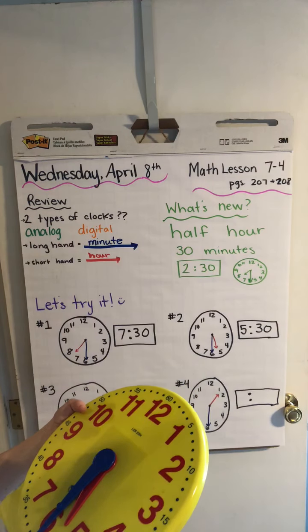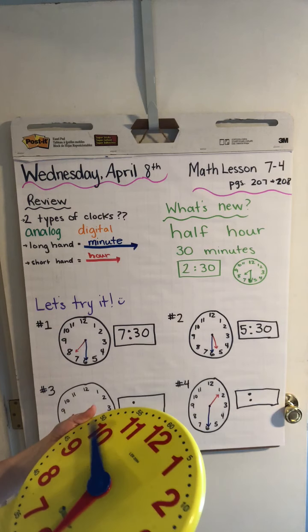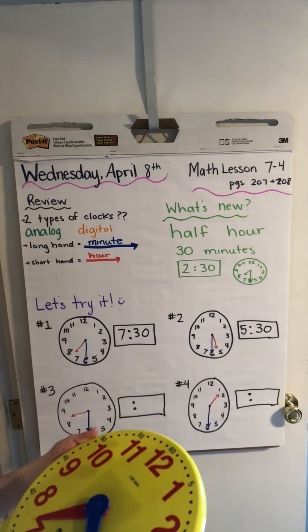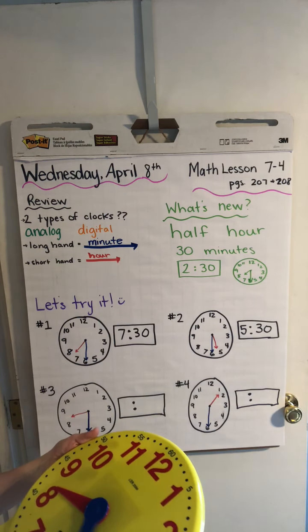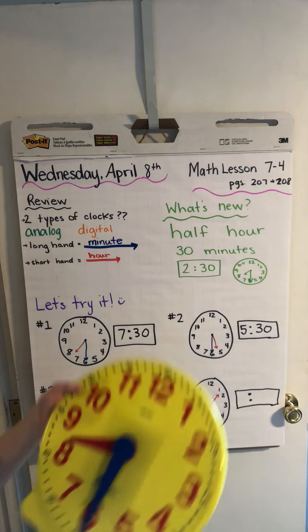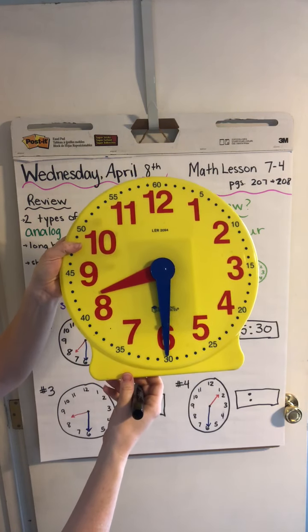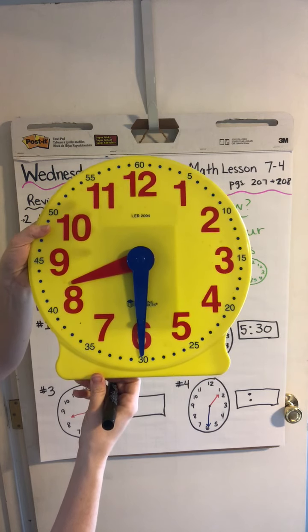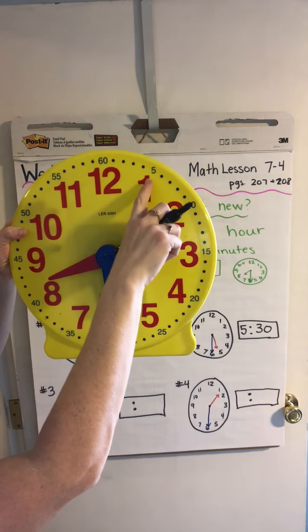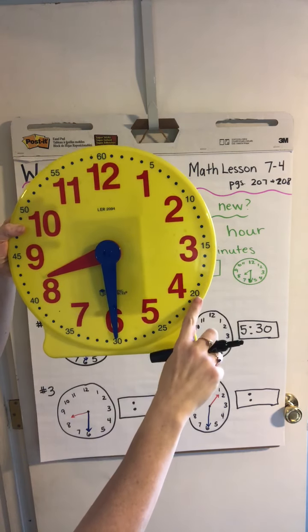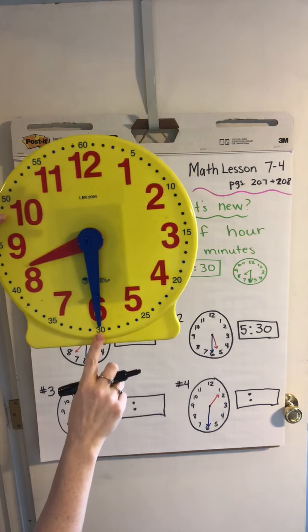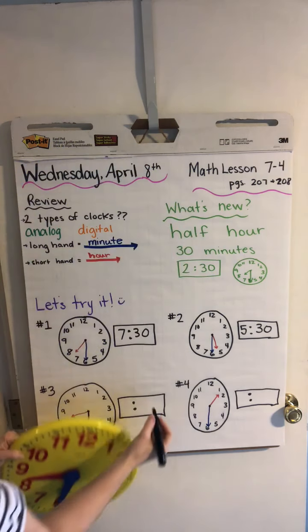All right, number 3. Here shows the hour hand between the 8 and the 9, and the minute hand on the 6. So it looks like this. Again, 5, 10, 15, 20, 25, 30 tells us the minutes.